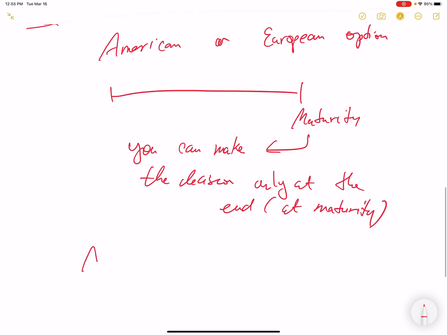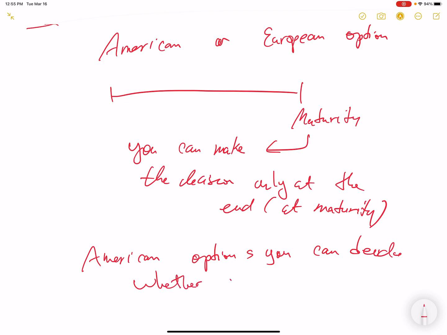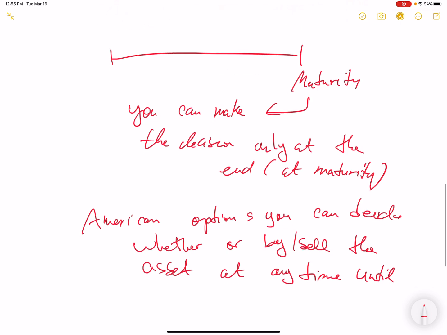Okay, American options, however, you can decide whether you buy or sell the asset at any time until maturity of option.